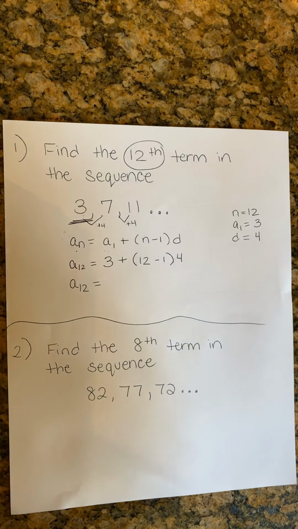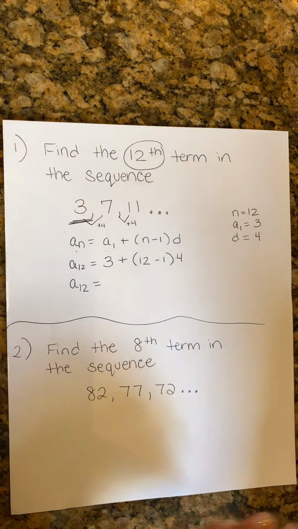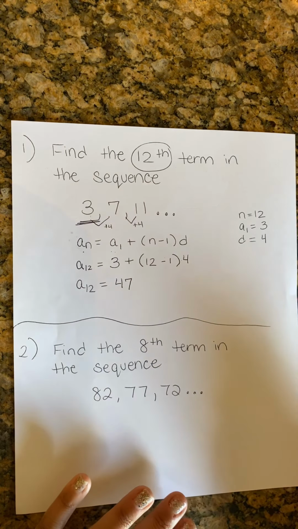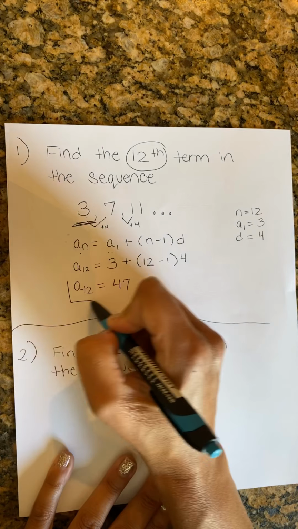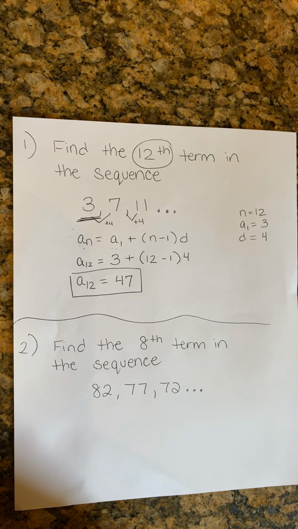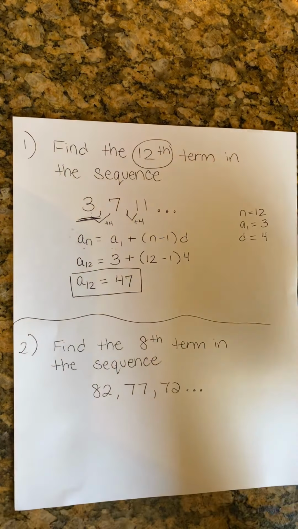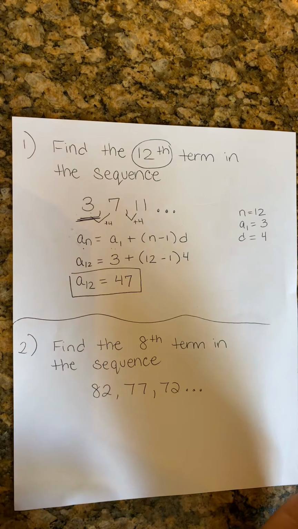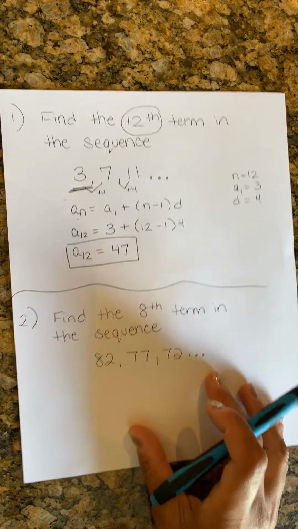So 3 plus parentheses 12 minus 1 times 4. Your answer is 47. Okay, which means the 12th term is 47. So if you wanted to, yes, you could have just added 4 to the sequence and gotten to the 12th term and gotten 47 that way, but it's up to you which one.